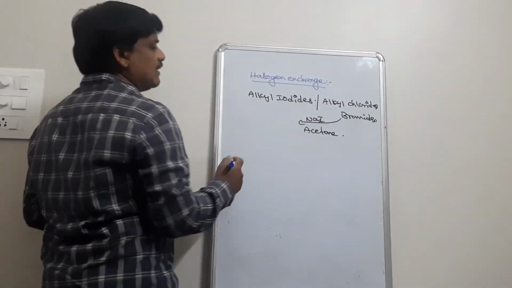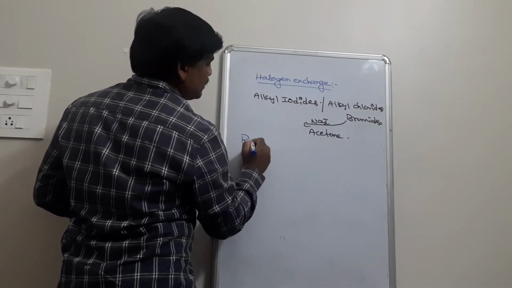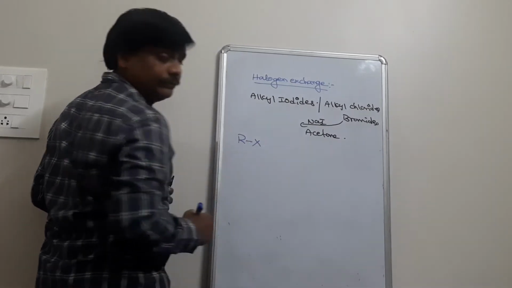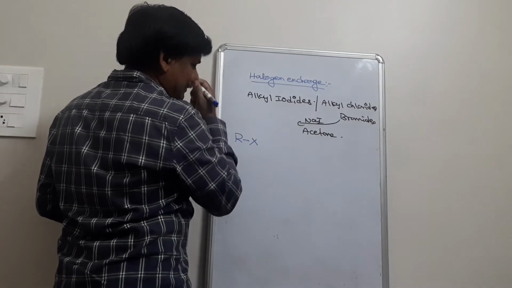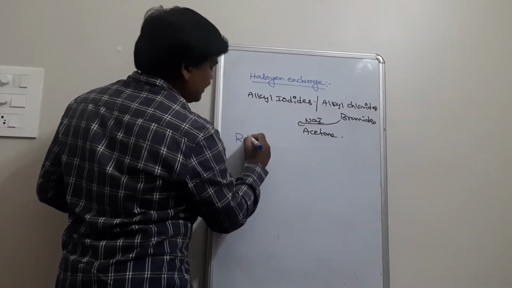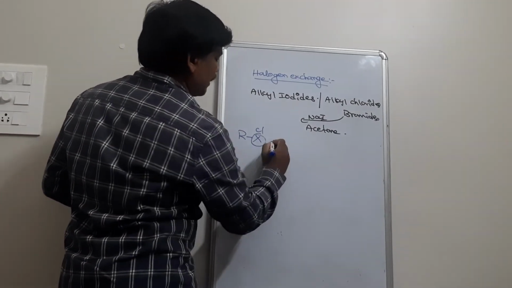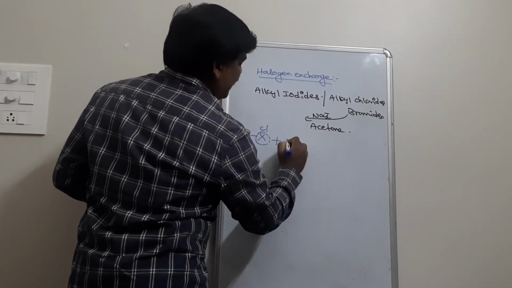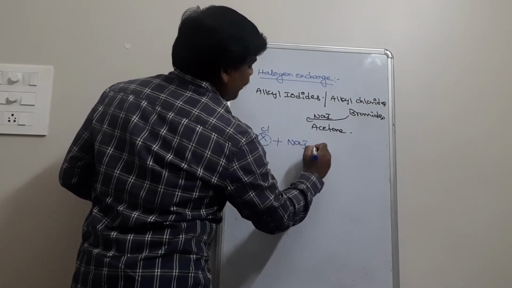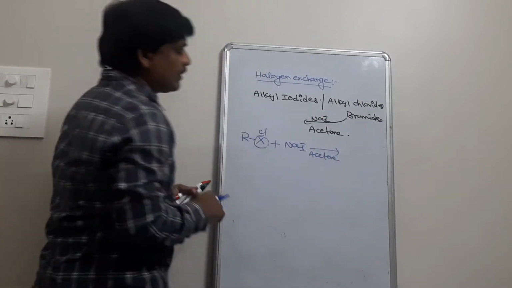So take an example: RX, or substituting X by Cl, RCl plus NaI, that is sodium iodide, in the presence of acetone.